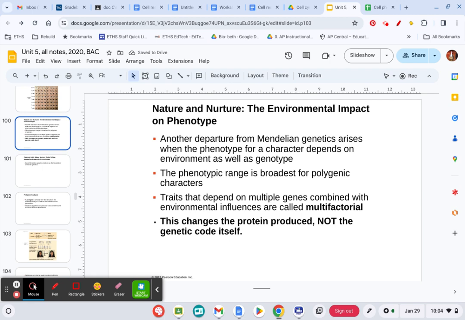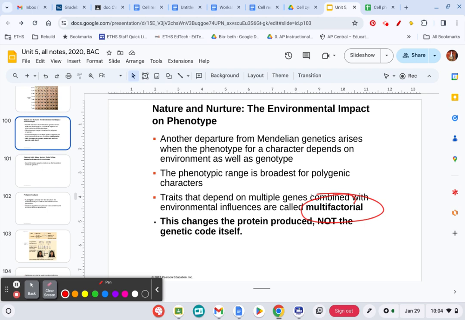Multifactorial is another word that you should probably understand. This is a departure from Mendelian genetics, because Mendel just said there's genetics and these genetics produce this.